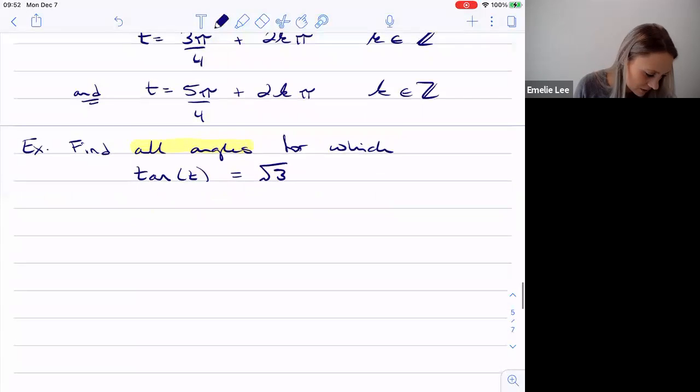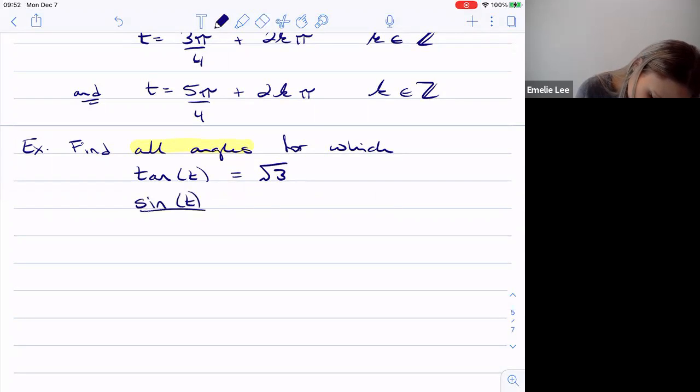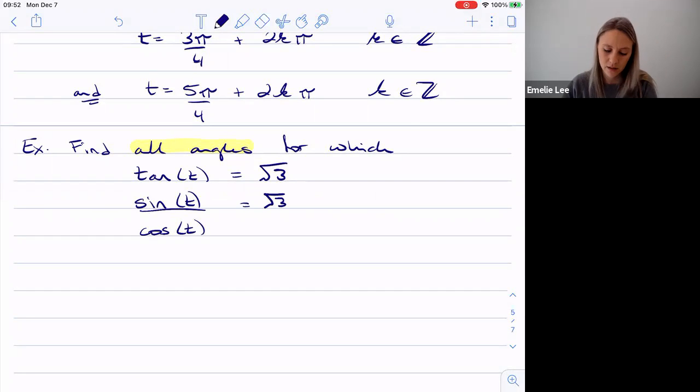So the tan of t is the sine of t over the cosine of t equals root 3. So I need it to be a positive value.